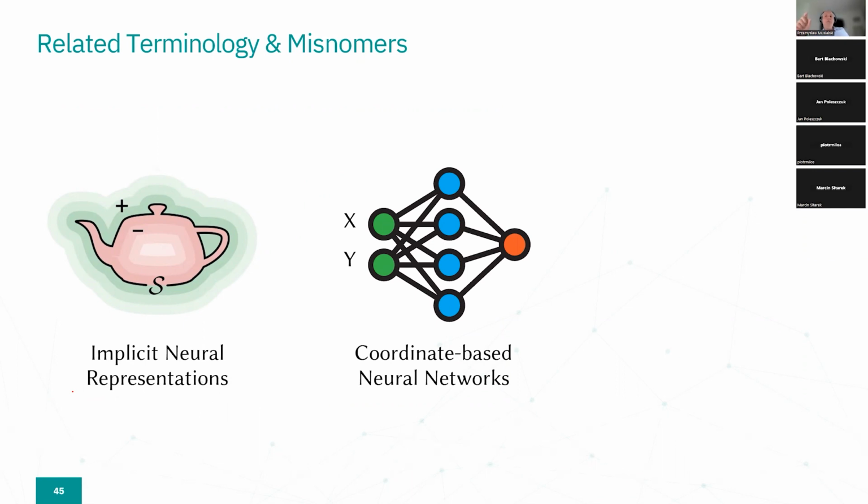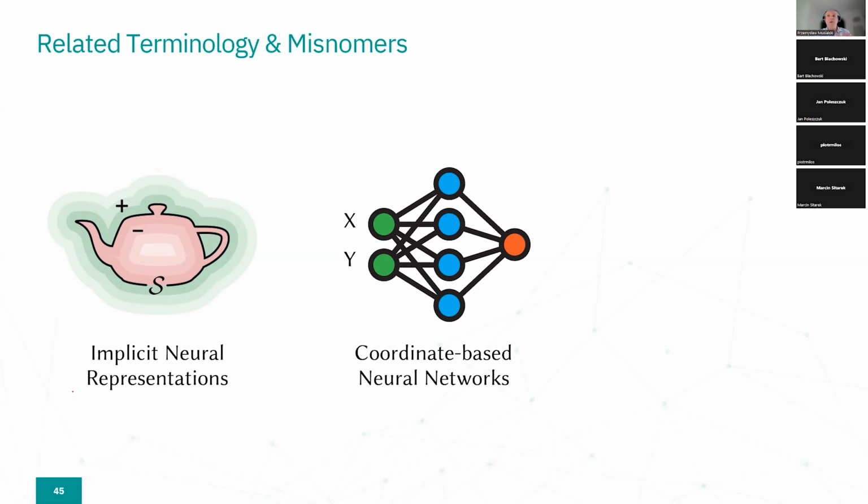And they're called coordinate-based because those networks learn the function, but the network itself takes only a single sample from the function and outputs a single output of the function. So they are coordinate independent. They are not like convolutional networks, if you know what I'm talking about.